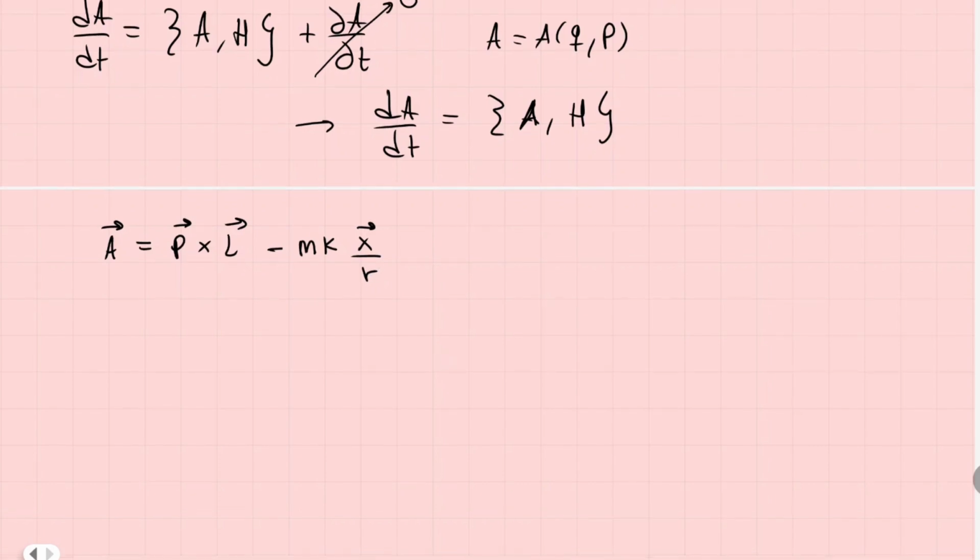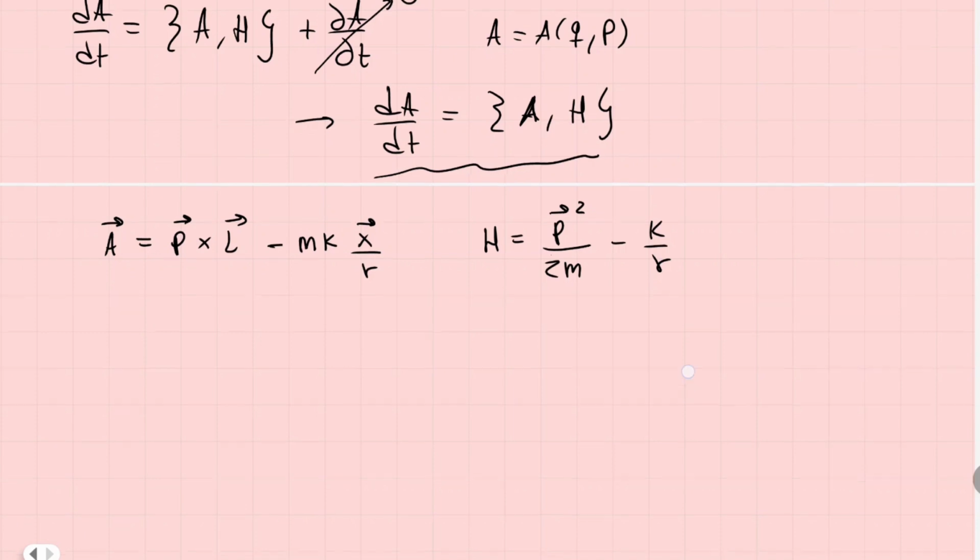Okay, so with this formula, we know that to calculate the derivative with respect to time of this quantity, we need to calculate the Poisson brackets between A and the Hamiltonian, which we said is defined with this.